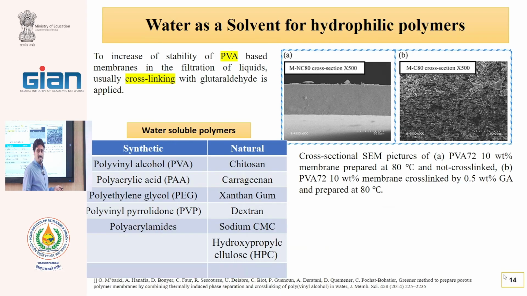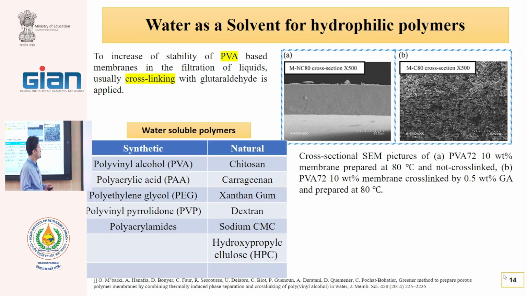For grafting of these groups on the membrane surface, we can also dissolve these polymers in water and use them for grafting, or we can fabricate the membranes with chitosan, xanthan gum, dextran, and carboxymethylcellulose. CMC is carboxymethylcellulose, for production of the membranes.